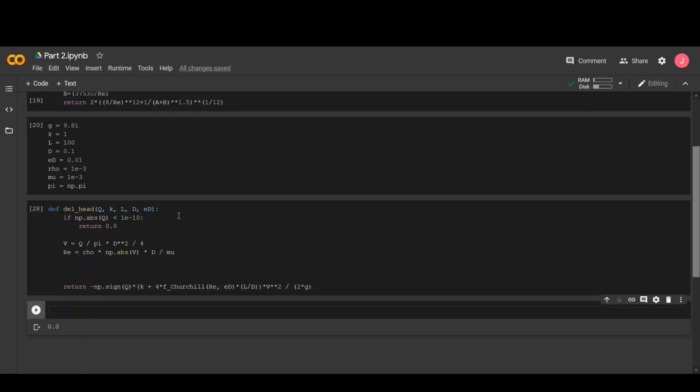But let's go back and consider the other scenario now, right? What if we know the delta head and we want to know the flow that would be associated with that? So in this scenario, if we get an idea of what we're trying to accomplish with this function, we know a delta head, right?